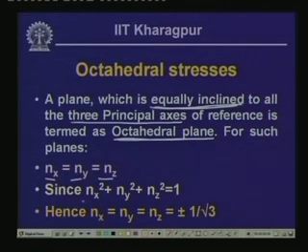And we had seen earlier that n x square plus n y square plus n z square, the direction cosine square of three planes, is equal to 1. So, thereby it leads us to the values of n x, n y and n z as plus or minus 1 by root 3 for the octahedral planes.